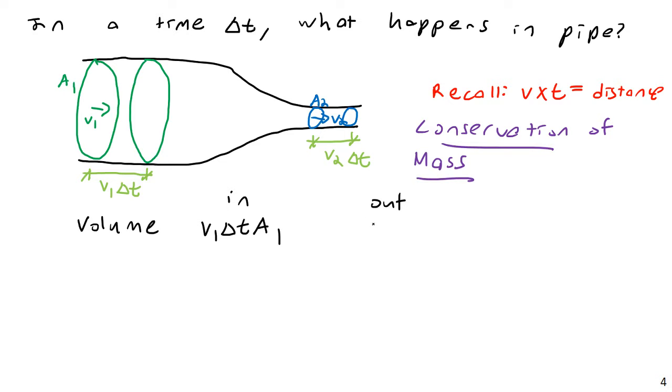And volume out is going to be V2 delta t times A2. These are just volumes of cylinders: a cylinder of fluid with a length of V2 delta t and a prismatic area of A2, and the opposite here.